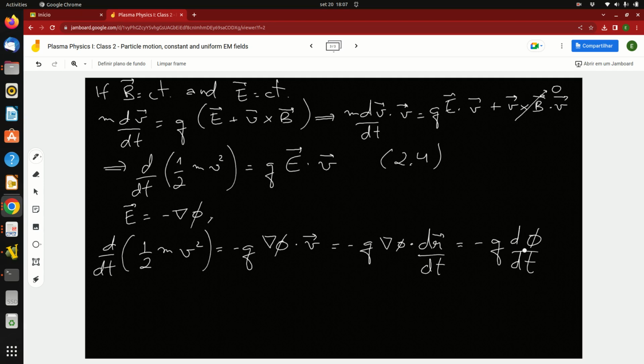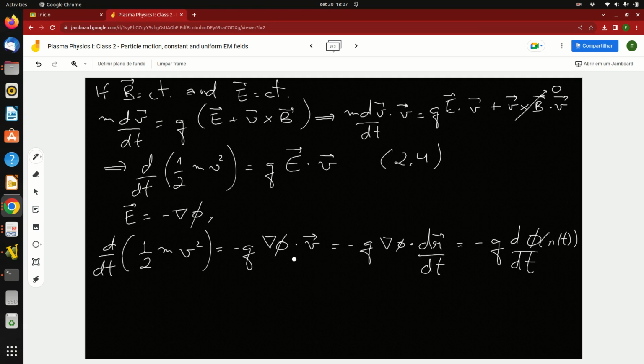Because d phi/dt, by the chain rule, this is a function of r of t, right? The potential is a function of position, and position is a function of time. So by the chain rule, this derivative with time is the derivative with r, which is this, times the derivative of the argument with t. So this is just a chain rule, right?